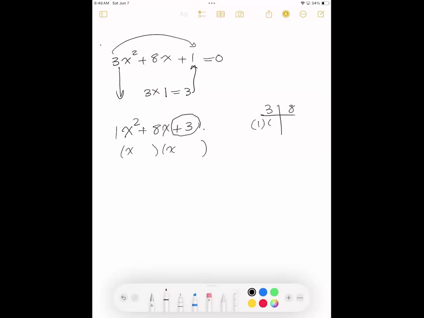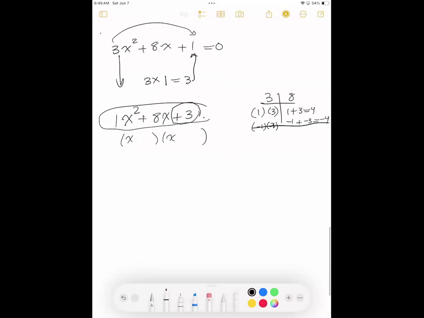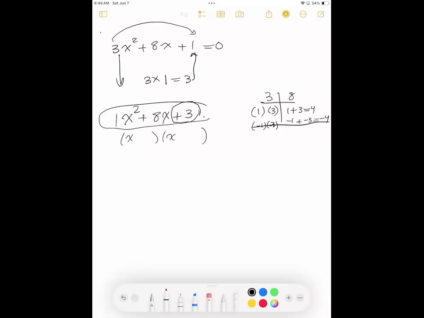1 times 3 is 3. 1 plus 3 is 4. Negative 1 times negative 3 is positive 3, but if you add them, you get negative 4. And anyways, all the terms are positive, so the negative factors are not going to work. As you see, it's not possible to factor this problem. So since it's not possible to factor it, we are going to learn the quadratic formula to solve this.